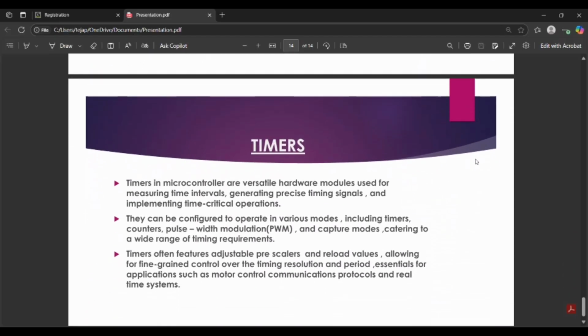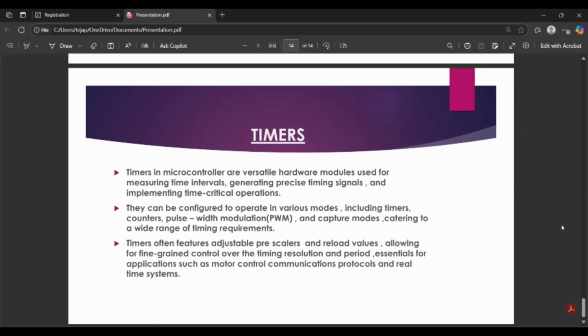Here is the next slide, called timers. A timer is a versatile hardware module in a microcontroller, and versatile means it does many things.